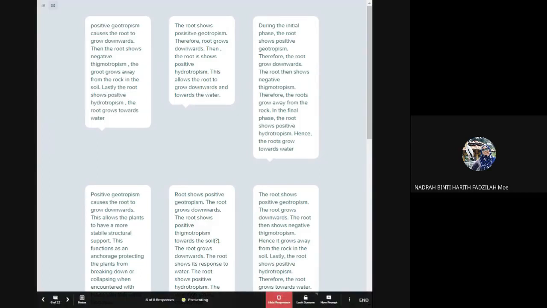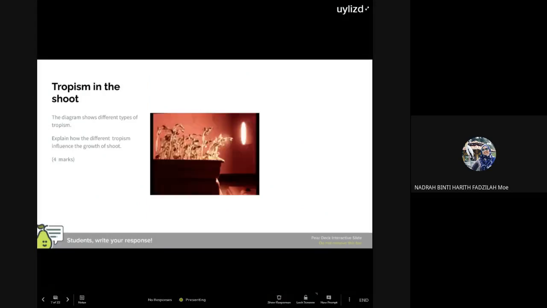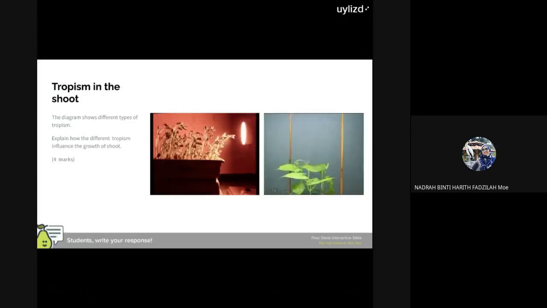Okay, the next one. Tropism in the shoot area. Approach yang sama, but explain how the different tropism influence the growth of shoot.